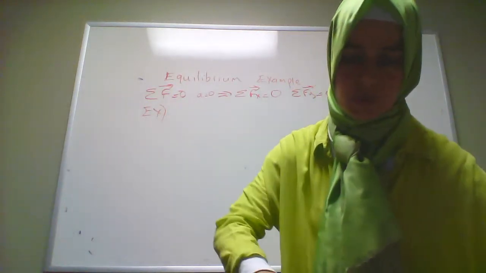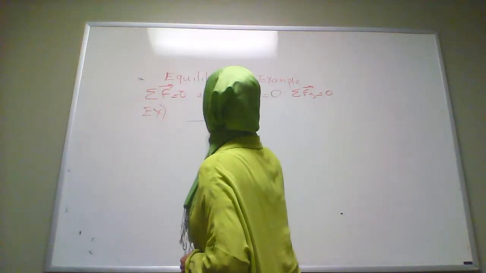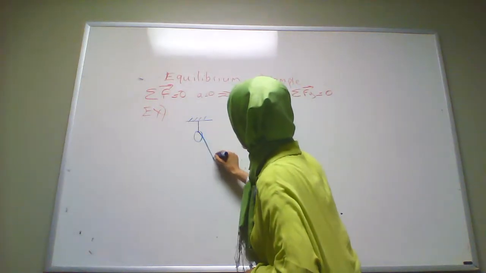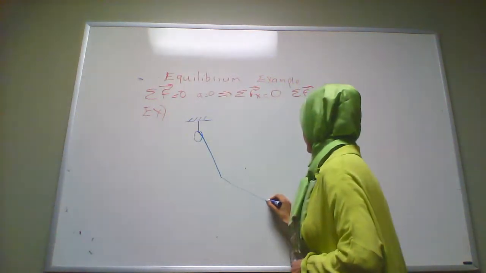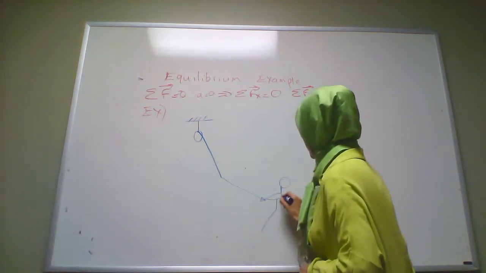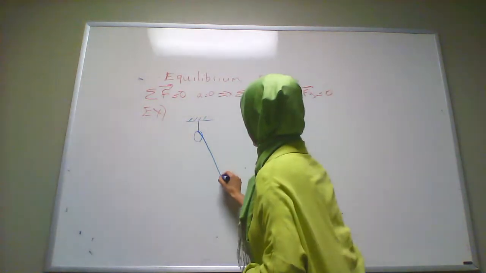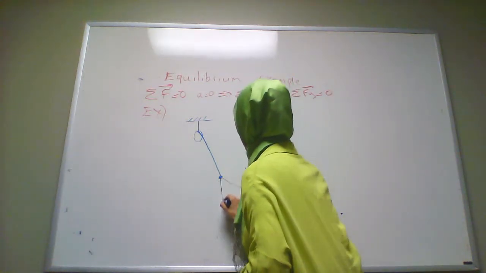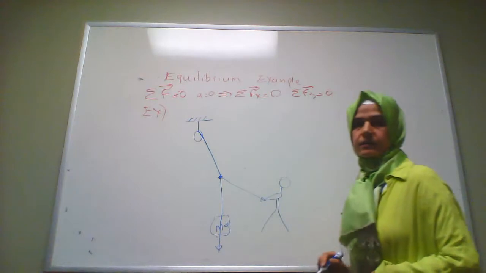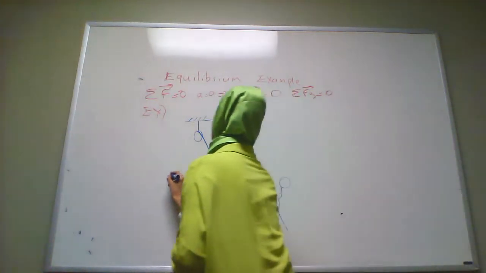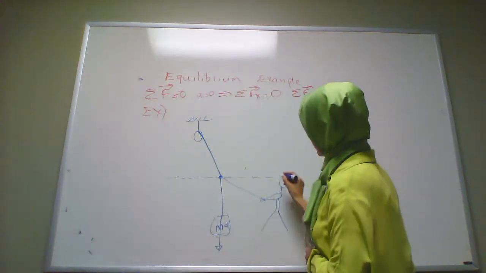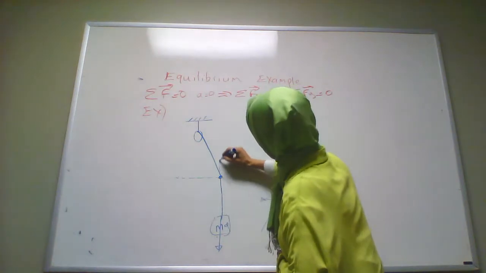So example 1 is a nice example. Let me draw it for you. We have a wall here, a pulley, and a rope tied to this pulley, and a person pulling an object with another rope. He is here, and there is a mass hanging in the center of these two ropes. So mg will be pulling down as the force, which is the gravitational force acting on M. The coordinate system is given to us here. The mass is along y.